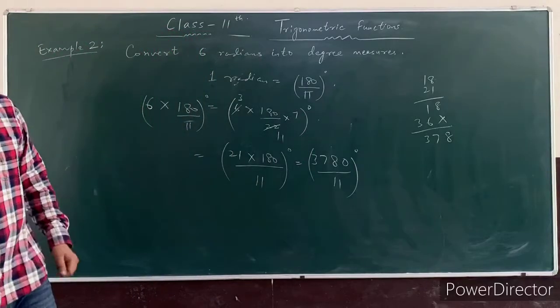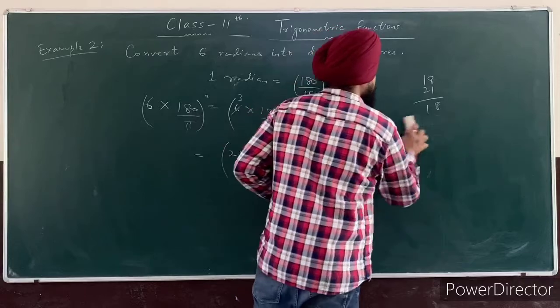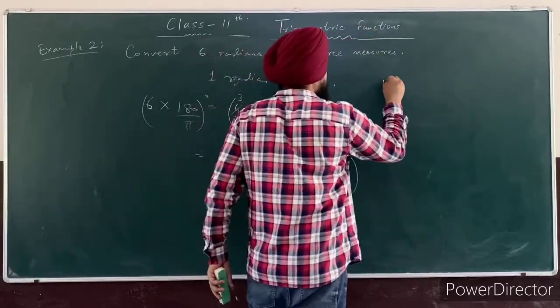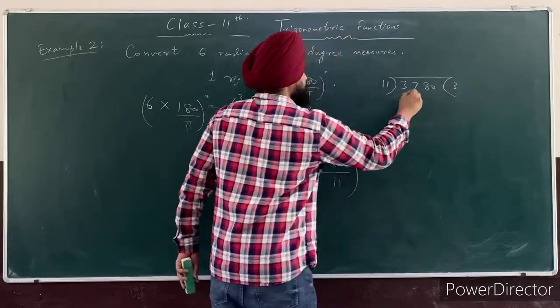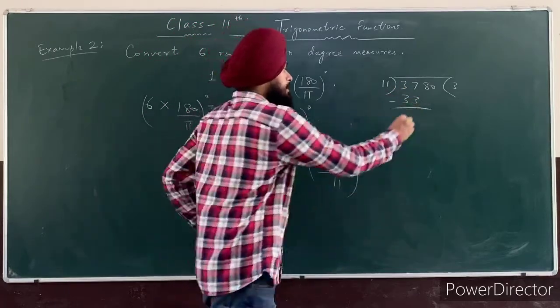Okay, students. Now you have to divide 3780 by 11. 11 threes are 33. Clear? Now 37 minus 33, it is 4.